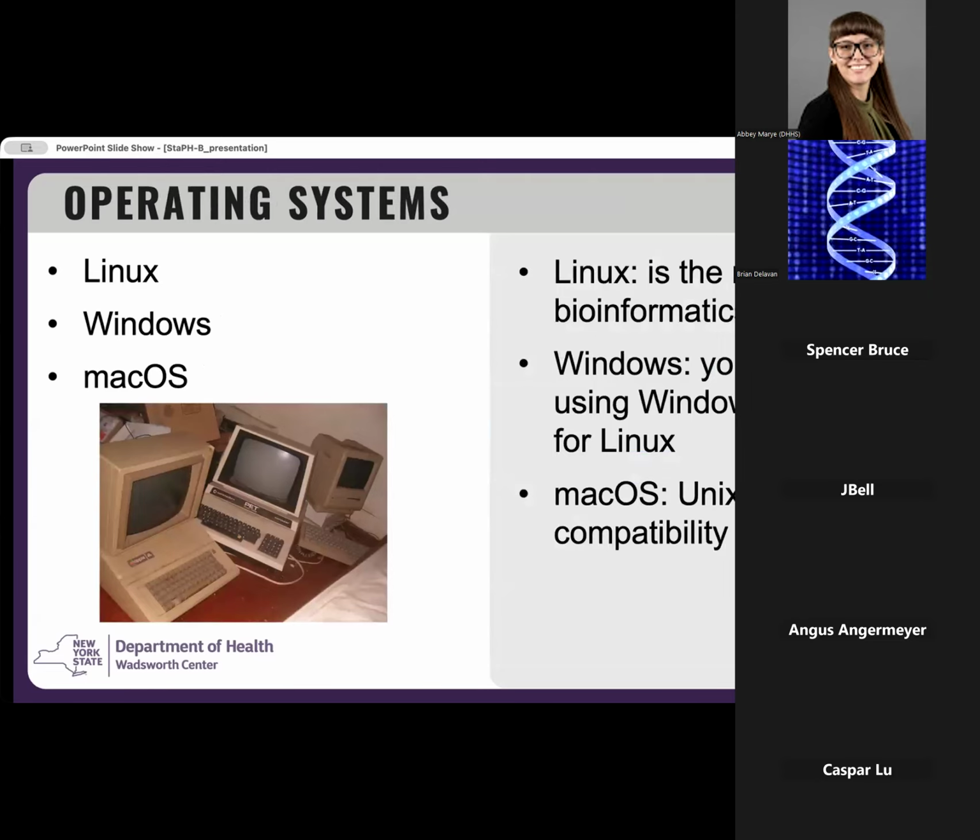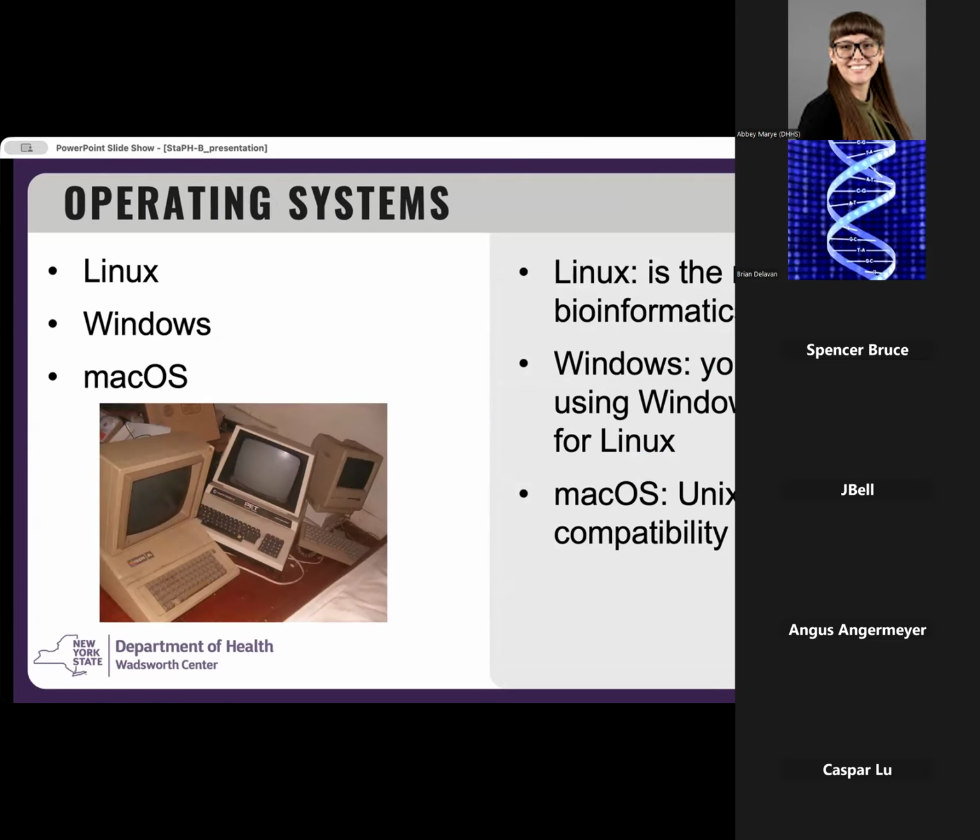The most basic constraint that affects how we work is the OS we are working on with our machines, right? Bioinformatics commonly runs on Linux. It's essentially its native platform, if you will.